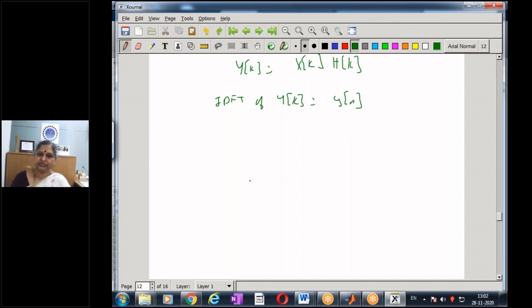We have seen that I can also compute the convolution sum using a suitable N-point DFT and IDFT. The only thing is we need to take N as the length of the sequence x of n plus the length of the sequence h of n minus 1. This is extremely important. If I do not take the correct value of N, then I will not be able to perform the convolution sum.